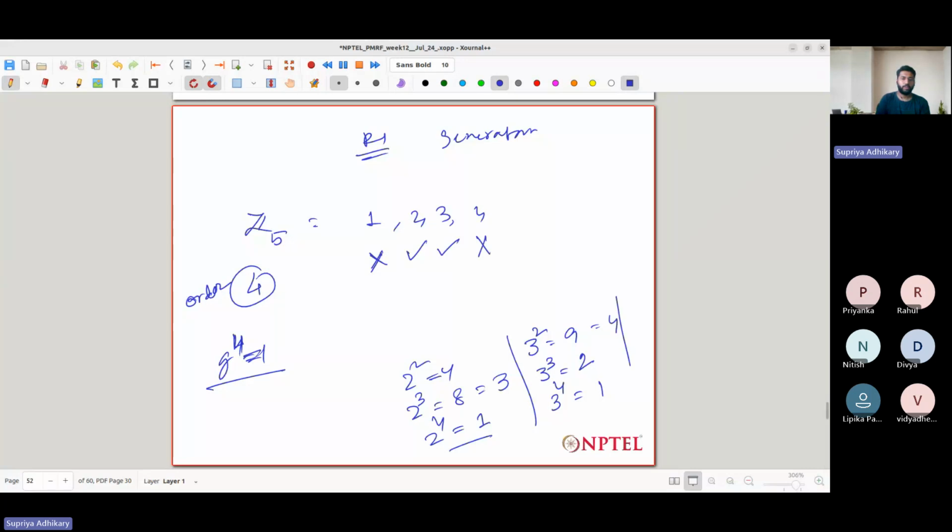Why? Because 4 squared is 16, and in mod 5 that is 1. So 1 and 4 are not generators, but 2 and 3 are the generators in Z5. So even though the order of this group is 4, there are only 2 generators.